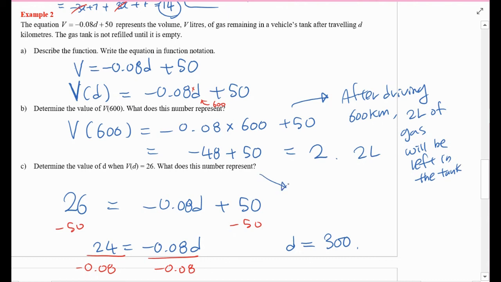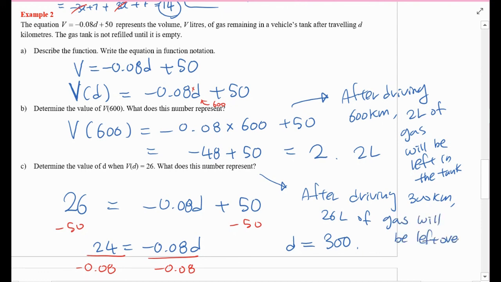And this one, after driving 300 kilometers, 26 liters of gas will be left over in the tank. Okay? Alright.